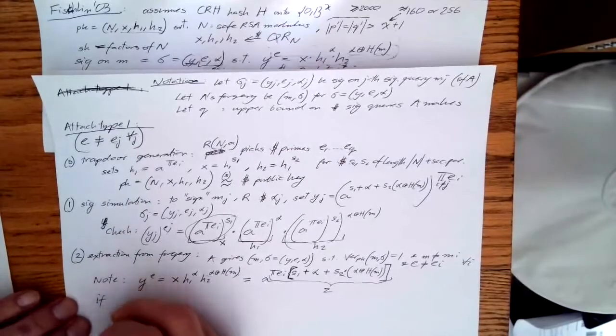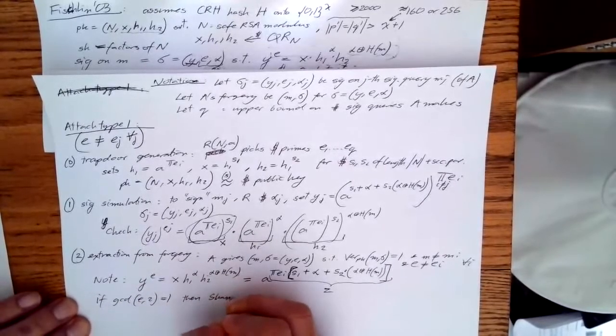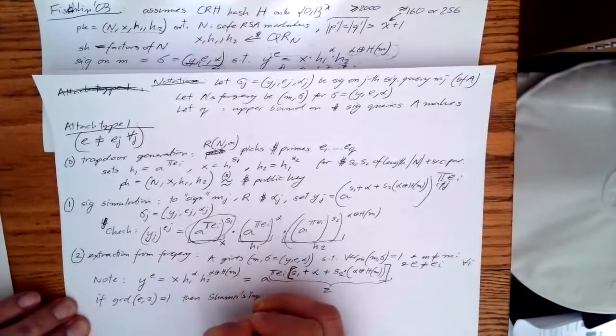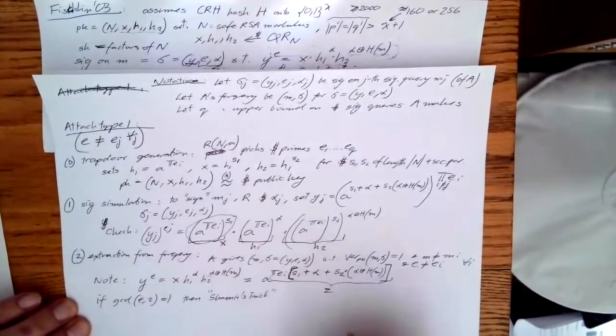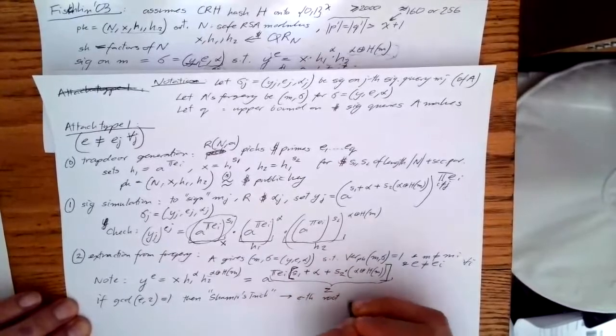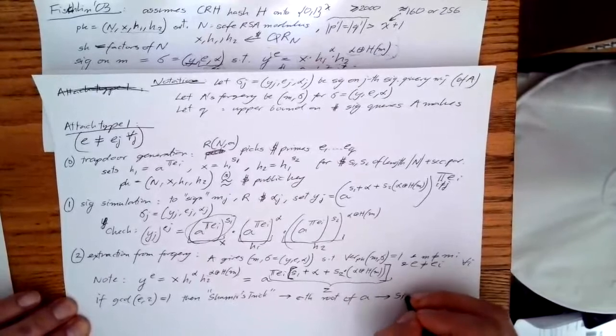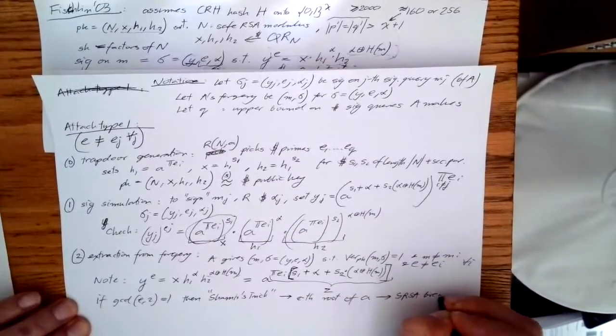then if GCD of E and Z is 1, then using Shamir's trick, I get the E-th root of A, and therefore I get a strong RSA break.